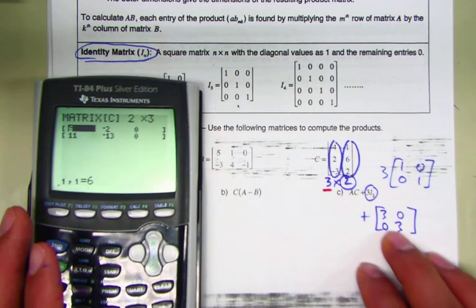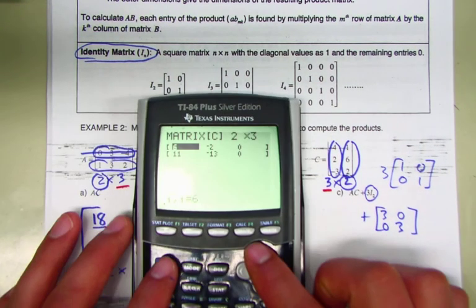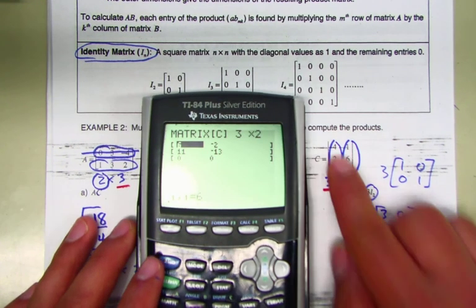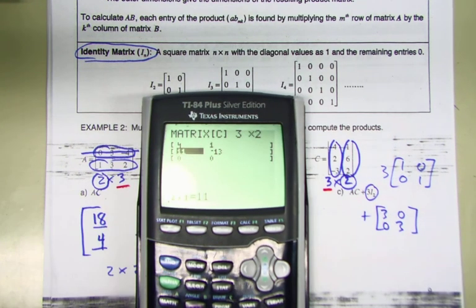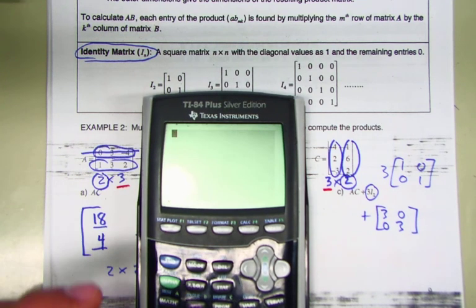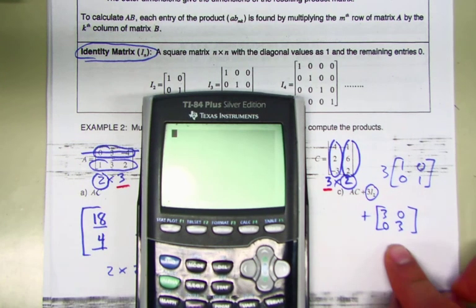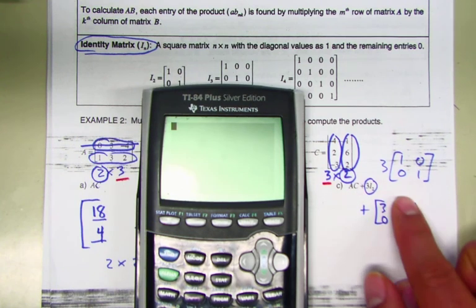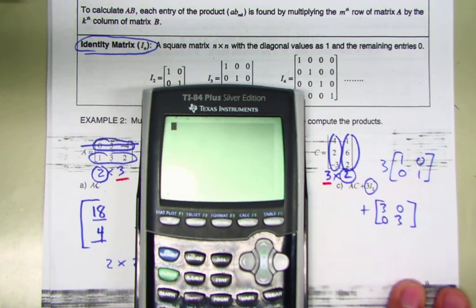That one's also 2 by 3. Where is it? C was, oh no, C was not 2 by 3. Thank you, it's a 3 by 2. And now we put in those numbers, 4, 1, 2, 6, -3, 2. All right. Since we're adding that product with this matrix, I'm going to create a new one.